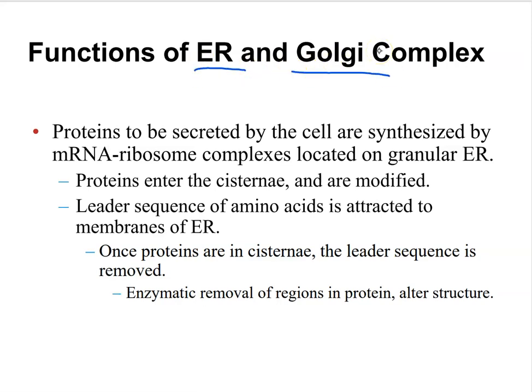So if we need the ER and the Golgi complex to really work with that protein and make it, usually it's also being cut, attachments are being made, it's being folded and shaped into a functional protein at the level of the ER and the Golgi apparatus.